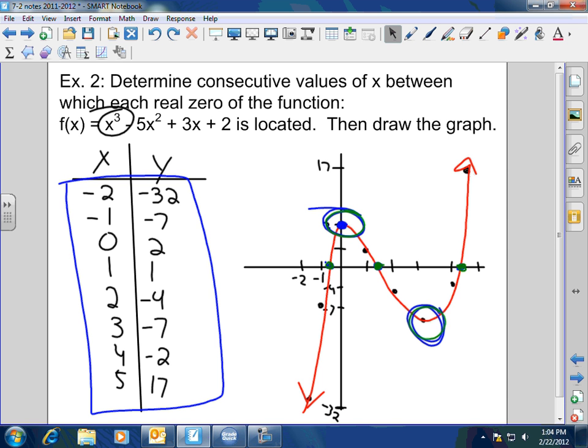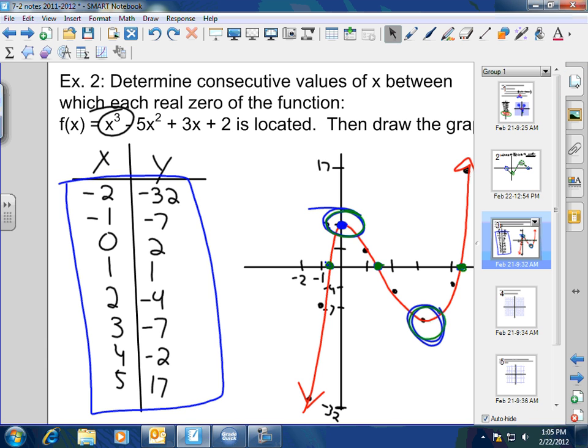Turning points are kind of like vertices. They're not really truly vertices, because it's not a quadratic equation, but they perform the same function, being a maximum or minimum.